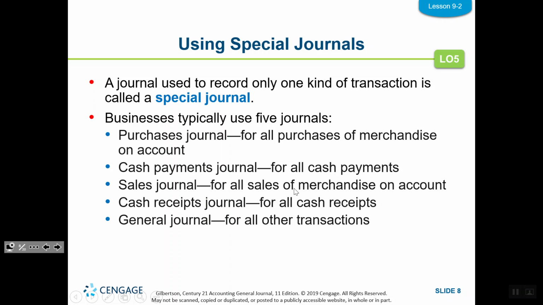Our sales journal, when we sell merchandise on account. Again, just merchandise, nothing else, on account. Our cash receipts journal: anytime we receive cash, it goes into cash receipts. And if it doesn't fit into one of those four, we still have our general journal. In class, I'll give you a spreadsheet to step you through deciding which journal you need to use.